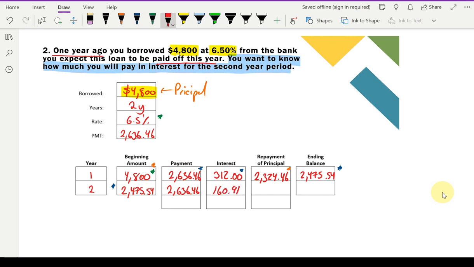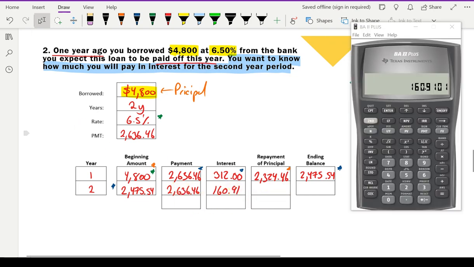$160.91. And then the repayment of principal is just our payment minus the interest. That tells us how much we paid in principal. So we're going to do $2,636.46 minus $160.91.